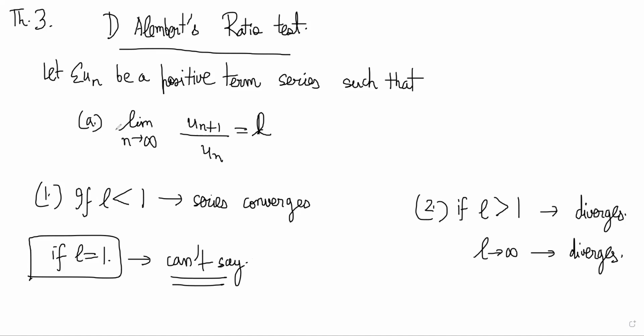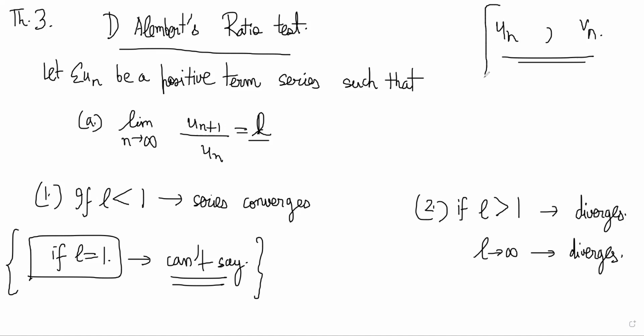In general, when the ratio is 1, we can't use this theorem to decide convergence or divergence, and we'll have to use other methods, like the methods that we discussed yesterday. We compare it with some known series. So this theorem will be useful in cases when the limit is finite, less than 1 or greater than 1, not when it is equal to 1.